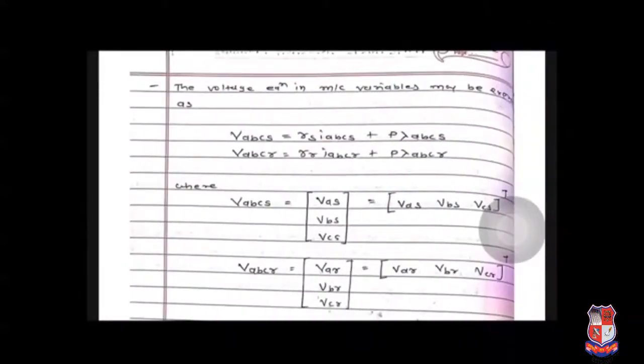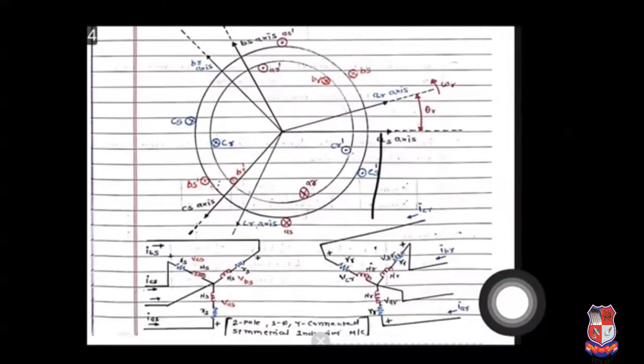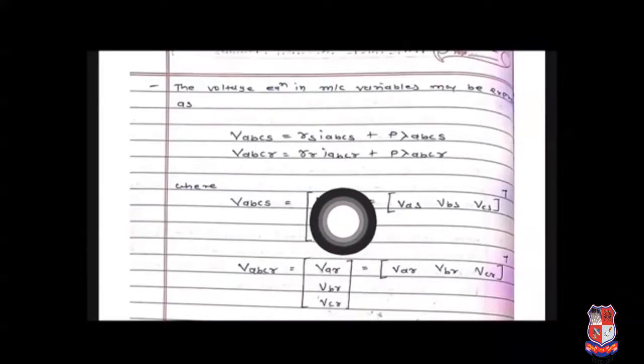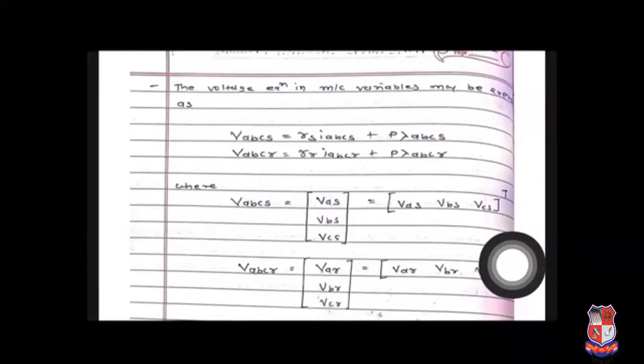Now simply from this figure we can apply KVL and write the voltage equation like this: VABCS is equal to RS IABCS plus P lambda ABCS. Same for rotor side, VABCR is equal to RR IABCR plus P lambda ABCR.